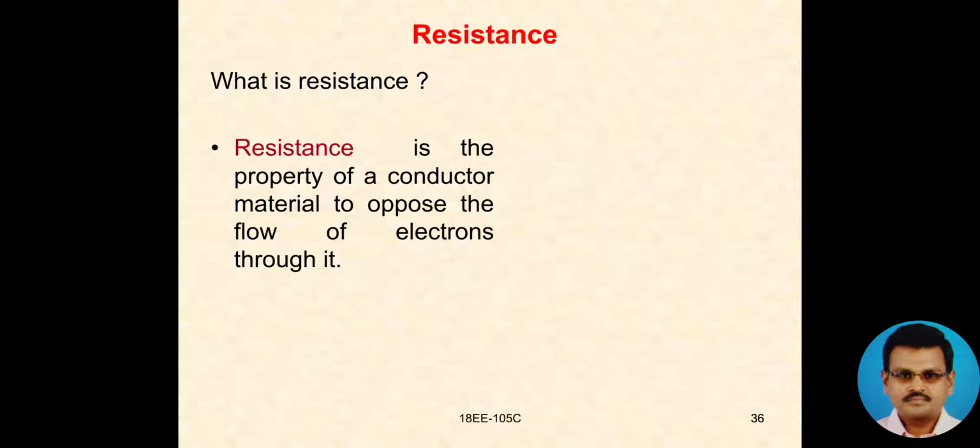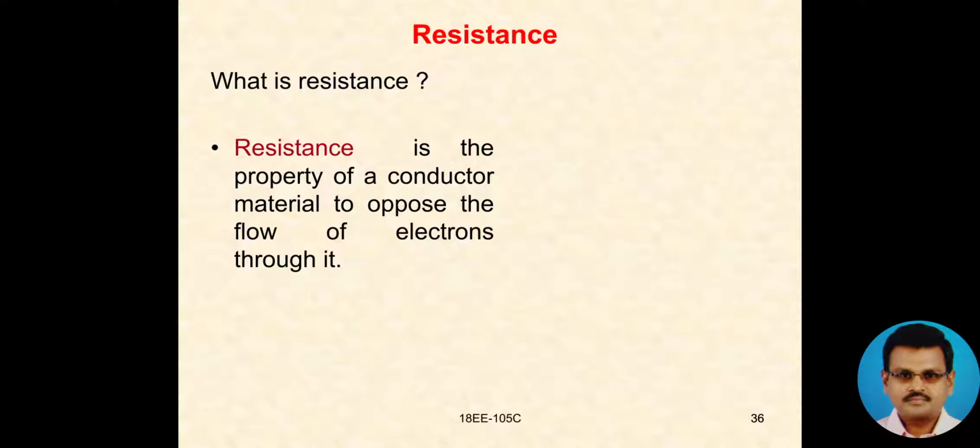Resistance is the property of a conductor or material by which it opposes the flow of electrons through it. Whenever the electrons start flowing through any conductor, the material inherently has some property and it starts opposing the flow of electrons through it.